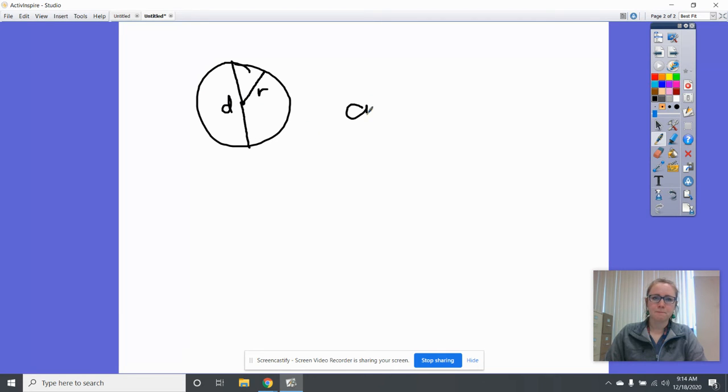Let's start with area. And I say let's start with area because we already know what area means. Area means the inside of, in this case, a circle. So the formula for the area of a circle is pi times the radius squared. Pi is a number that goes on and on forever.